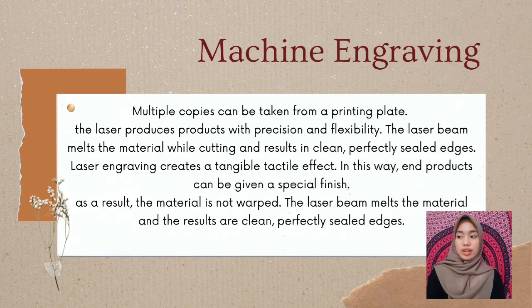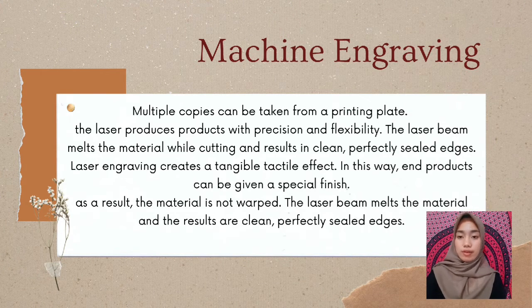The second one is machine engraving. So actually, multiple copies can be taken from a printing plate. So this is a good method. The laser produces products with precision and flexibility. The laser beam melts the material while cutting and results in clean, perfectly sealed edges.